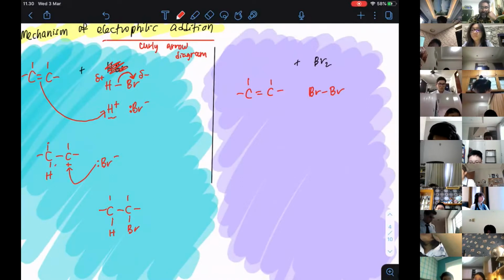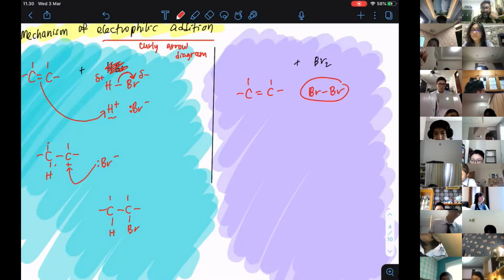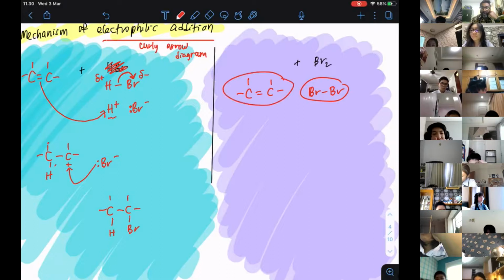Whenever Br2 comes closer to the carbon-carbon double bond, it is approaching something that has a lot of electrons, and electrons repel electrons. So the electrons from the Br2 tend to go towards the far side, making this end partially negative and the near end partially positive.